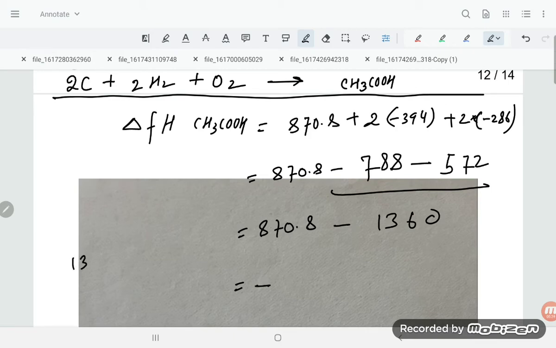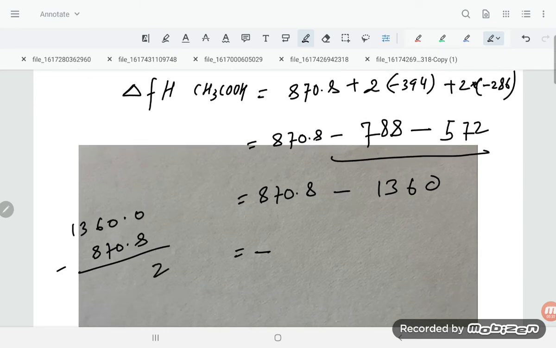So 1360 minus 870.8, how much is coming?